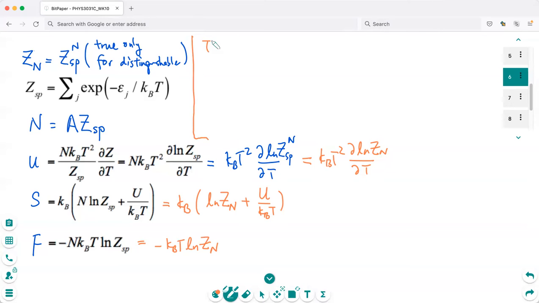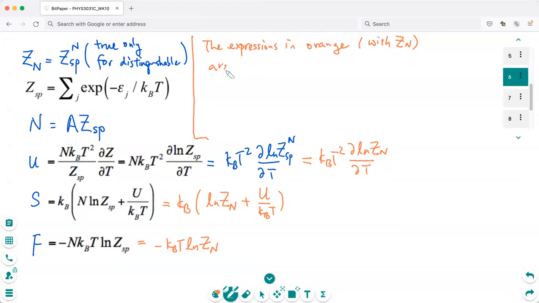So the expressions written in orange all have the partition function with symbol Z_n.